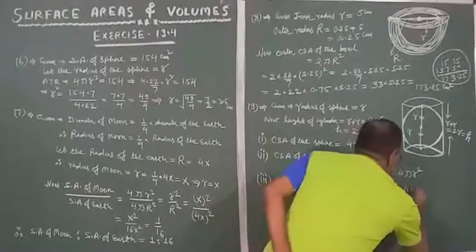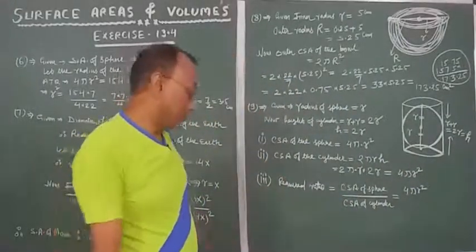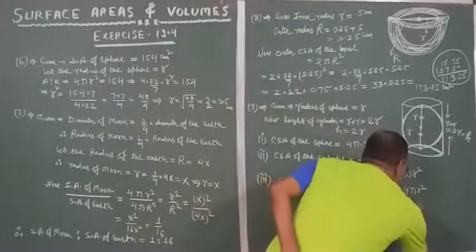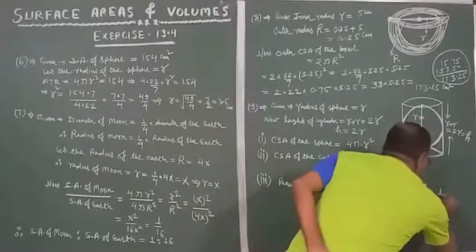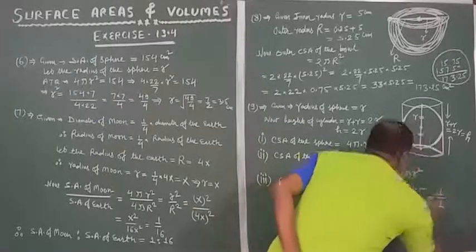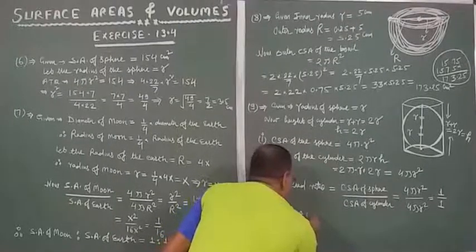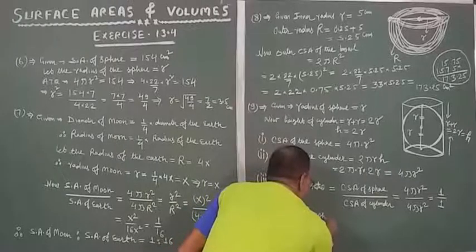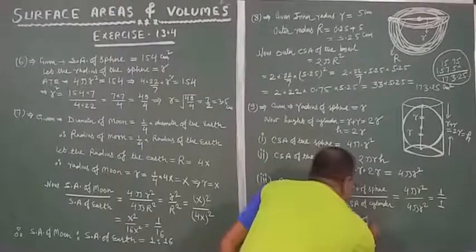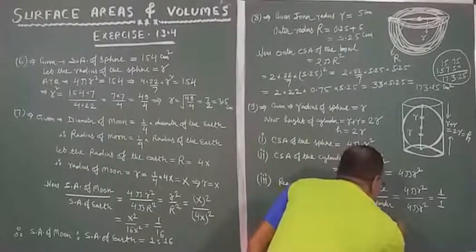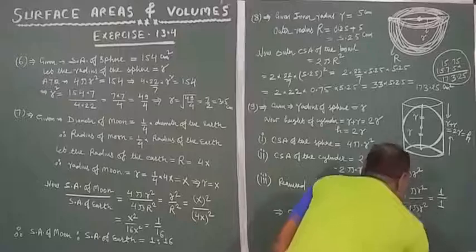What is the CSA of sphere? 4 pi r square, divided by 4 pi r square, that is 1 upon 1. Therefore, the ratio of CSA of sphere to CSA of cylinder will be 1:1.